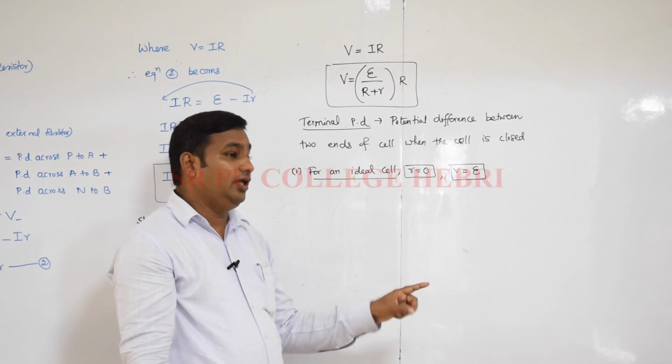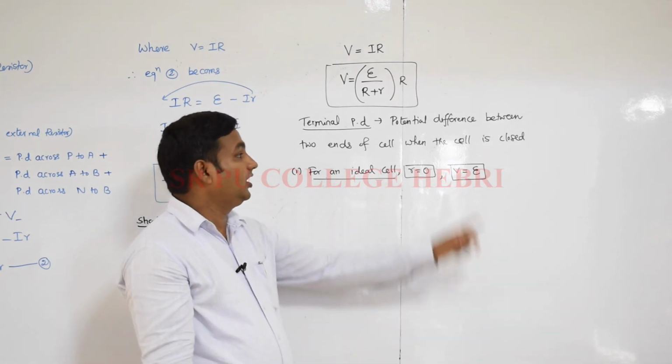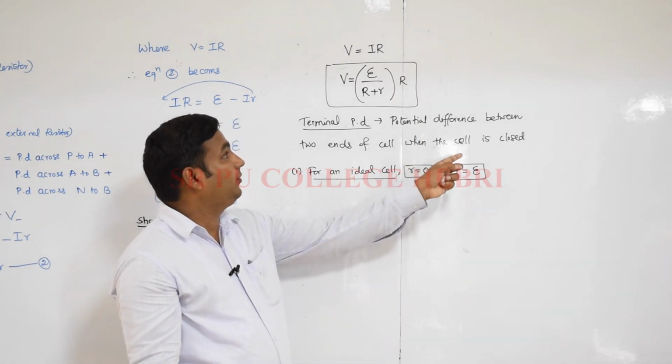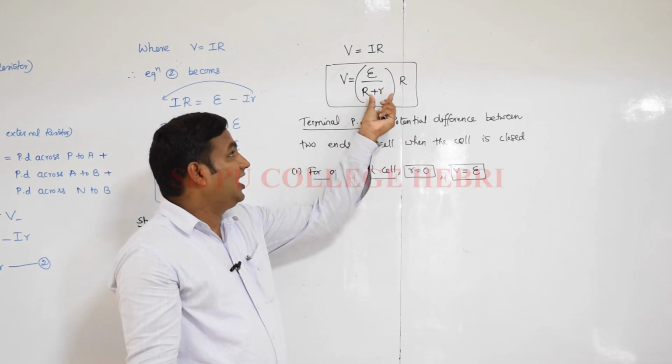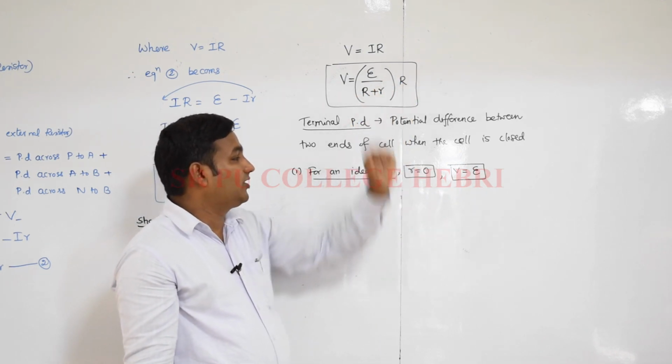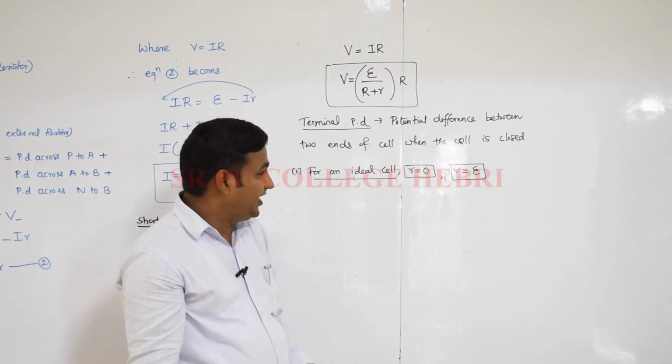If I connect the external resistor, V is equal to E divided by R plus small r, into R, where small r is equal to 0 for an ideal cell.